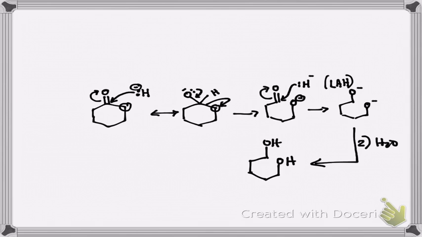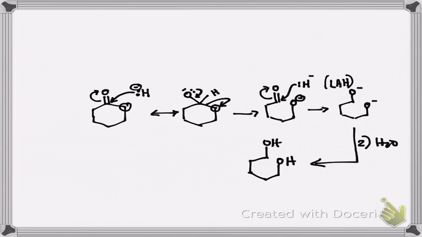It'll attack here, and that will become an alcohol as well. So you end up with that. I didn't draw the hydrogens that attached, but there's two hydrogens there. The bond has opened up, and that's step one of the reaction. That's what's going on.